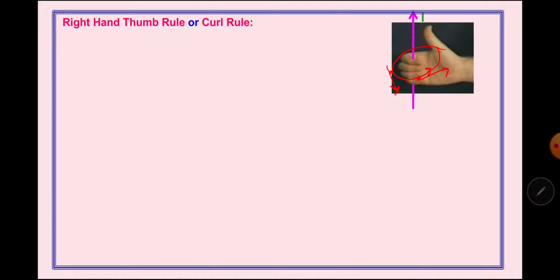So if we draw the tangent to these magnetic field lines at any given point, that will give us the direction of magnetic field. Students, remember this right hand thumb rule does not give us the direction of field directly. It simply tells us about the direction of field lines, and then we have to imagine about a tangent direction that will give us the direction of magnetic field.